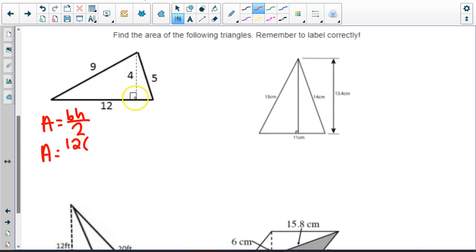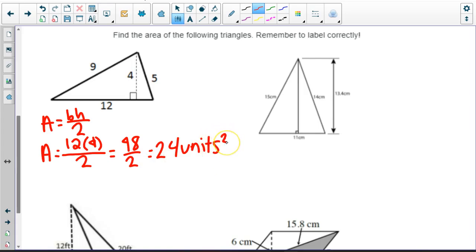Remember, our height is always associated with that right angle. And then divided by 2. So 12 times 4 is 48, divided by 2 is 24. They didn't give me a unit of measurement, so I use units squared. And remember, units for area are always squared. So we look at our formula, plug in our numbers, and then solve.